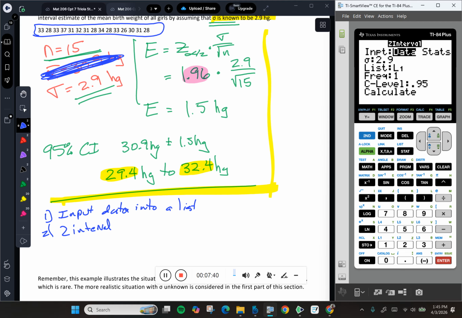I'm going to tell it the standard deviation is still 2.9 because somehow I magically know the population standard deviation. I'm going to tell it I hid the data in list 1. I put a 1 there for frequencies because it's just a single list of data. There's no frequency distribution information. I still want a 95% confidence interval, and I'll go ahead and calculate.